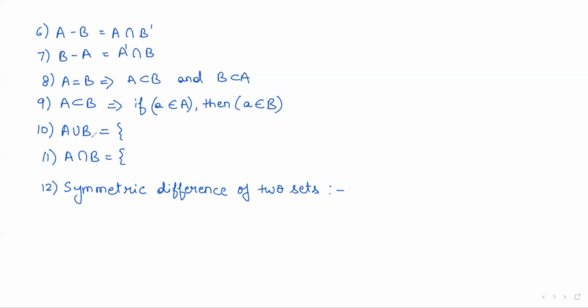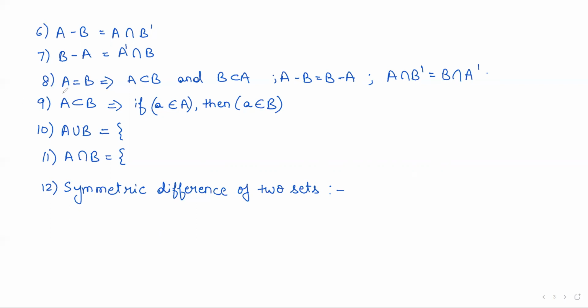This means that A is a subset of B and B is a subset of A. Apart from this, you can also write this in terms of A minus B and B minus A. If both the sets are equal, then by default we can write A minus B is equal to B minus A. Based on the 6th and 7th formulas, we can also write A intersection B dash is equal to B intersection A dash.